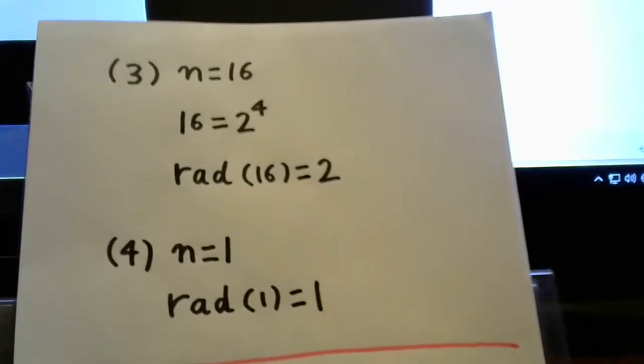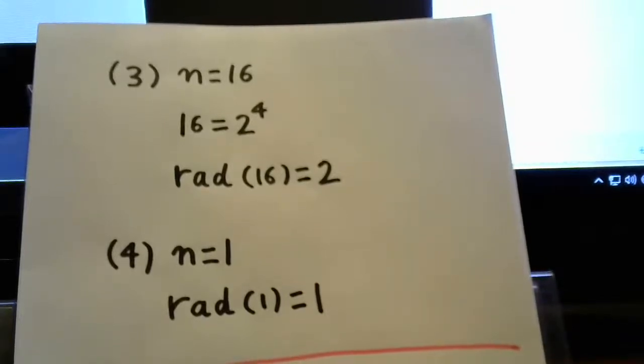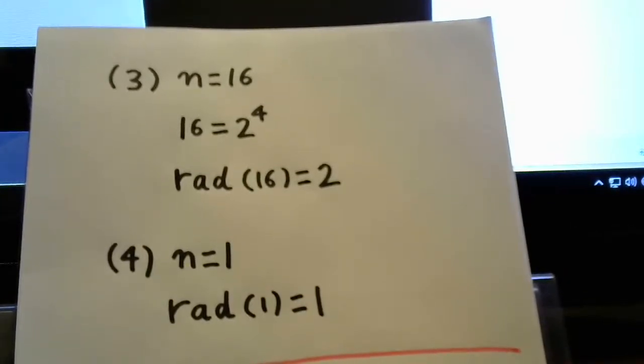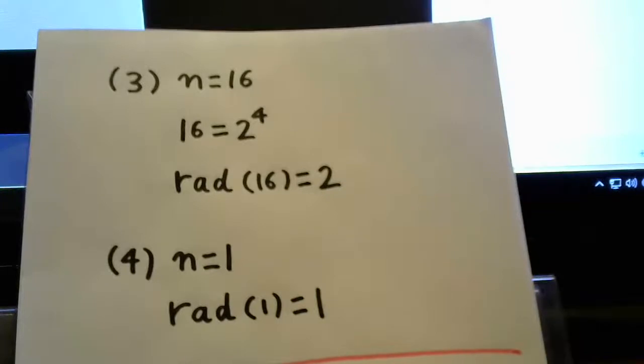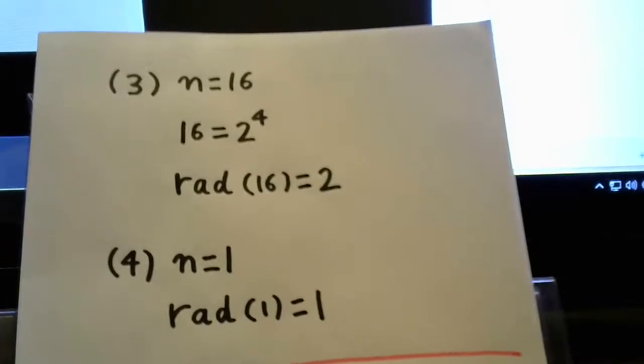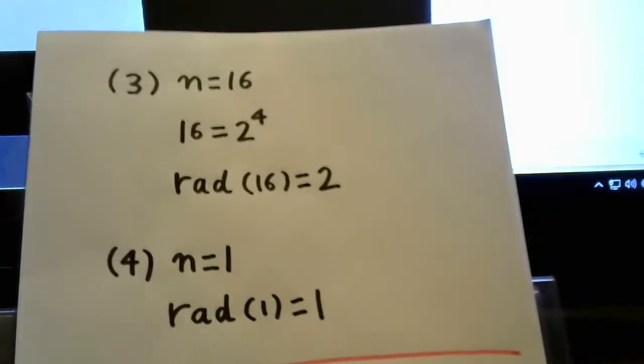So radical of 16 is 2. Okay. And the last case, n equals 1. 1 doesn't have any prime factors. So radical of 1 is equal to 1. Okay, that's radical.